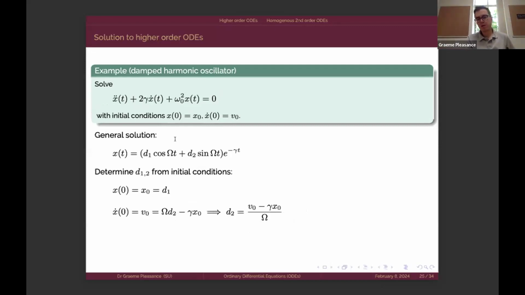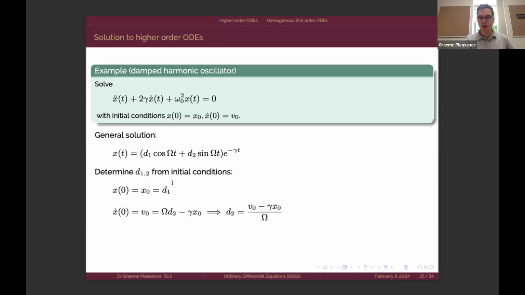Now with this general solution, as we did with first order ODEs, we can determine our unknown integration constants by using our boundary conditions. As I said here, we assume that the oscillator starts at some position x naught and has a certain initial speed. So we substitute t equal to 0 into this expression, and we also take its derivative and substitute t equal to 0 into it.